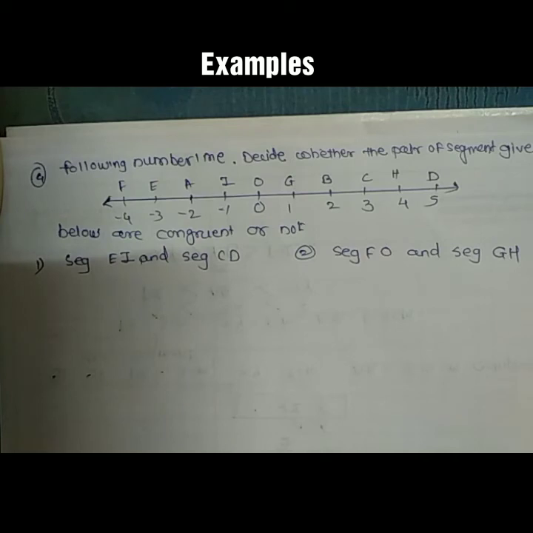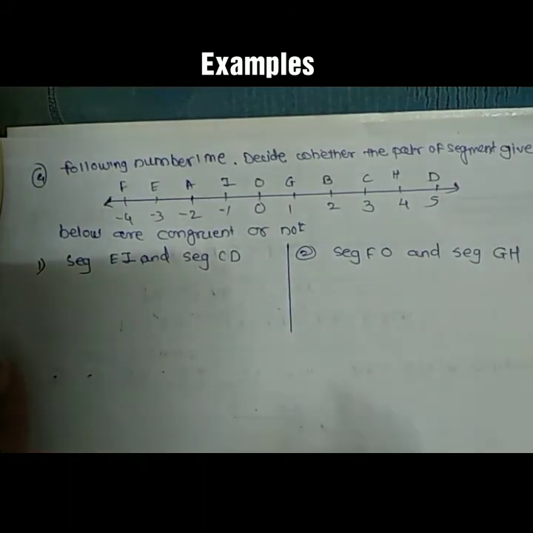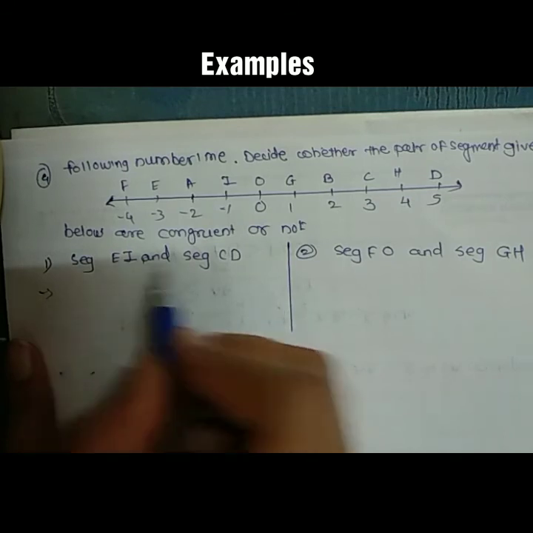Question: on the following number line, decide whether the pairs of segments given below are congruent or not. The first is segment EI and segment CD. Let's first find the distance of segment EI.